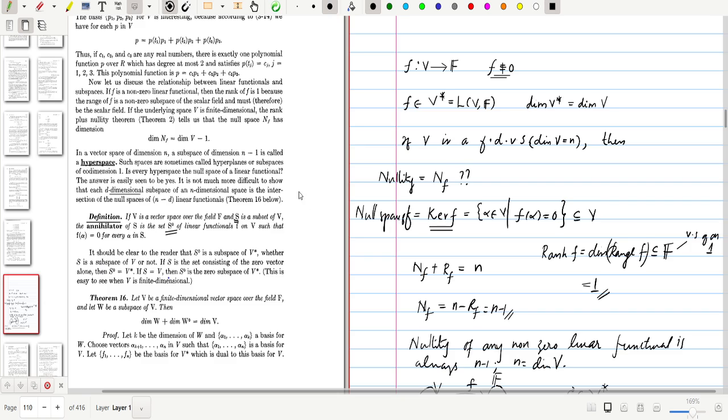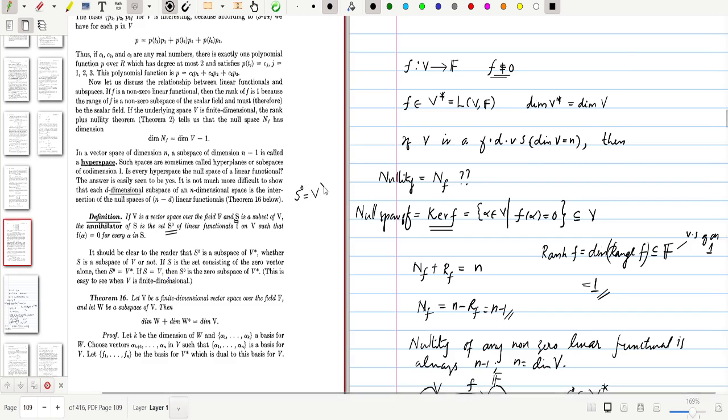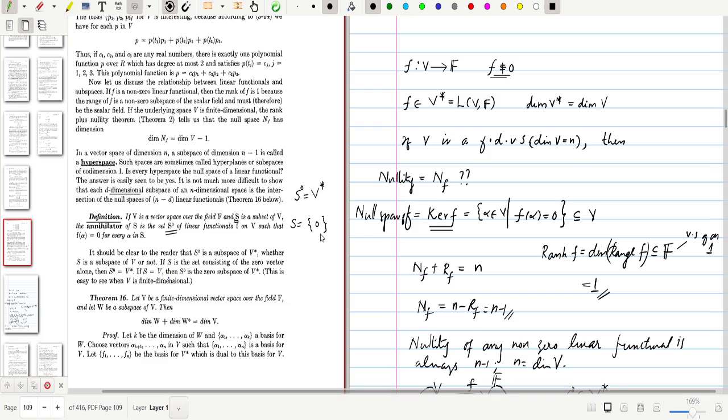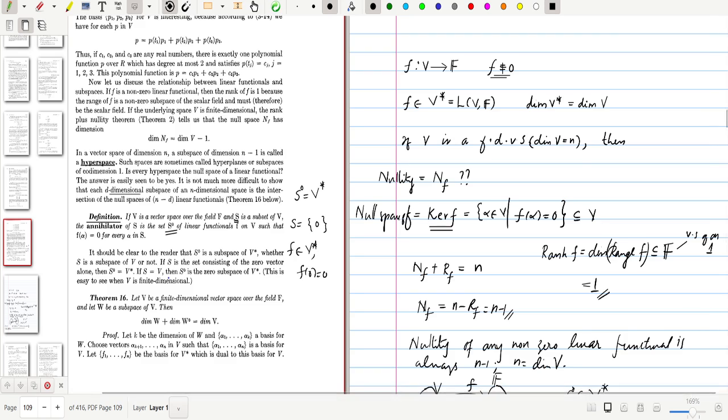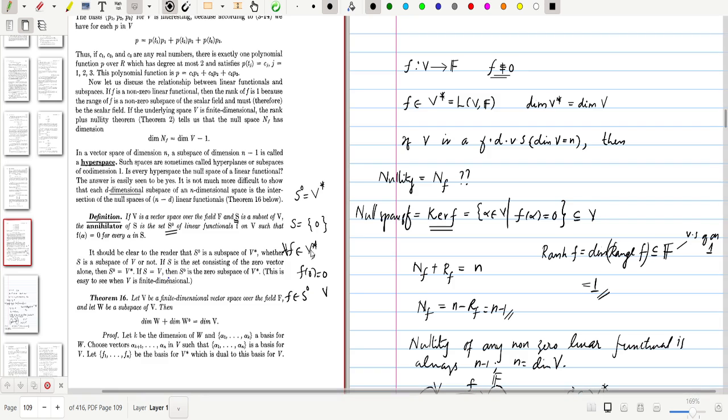When do we say that this S naught is V star? If we choose S equal to the singleton set 0, so S contains only 0, then for any f from V star, f of 0 equals 0 for all f. So this is true for all f belonging to V star. That means this f is always an element of S naught in this case.